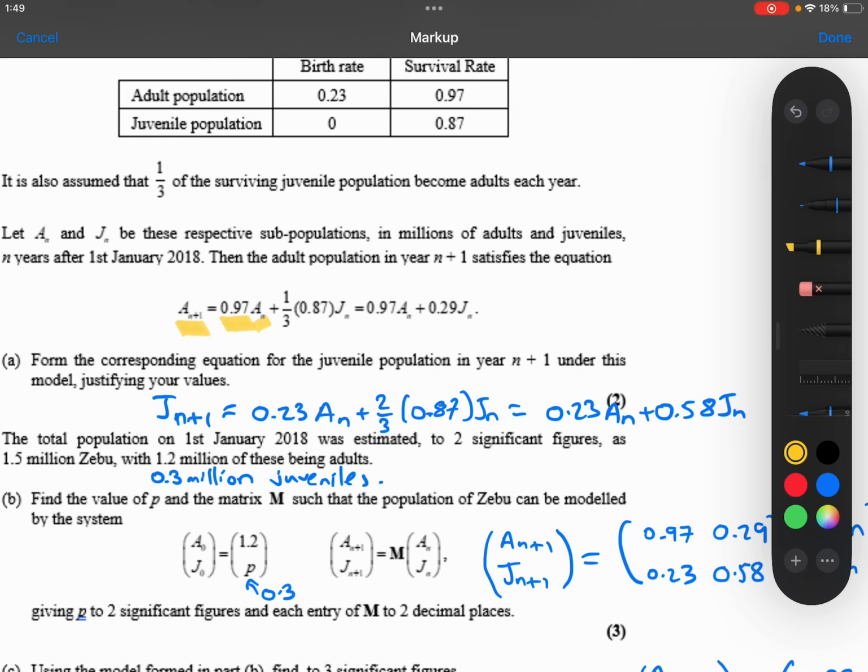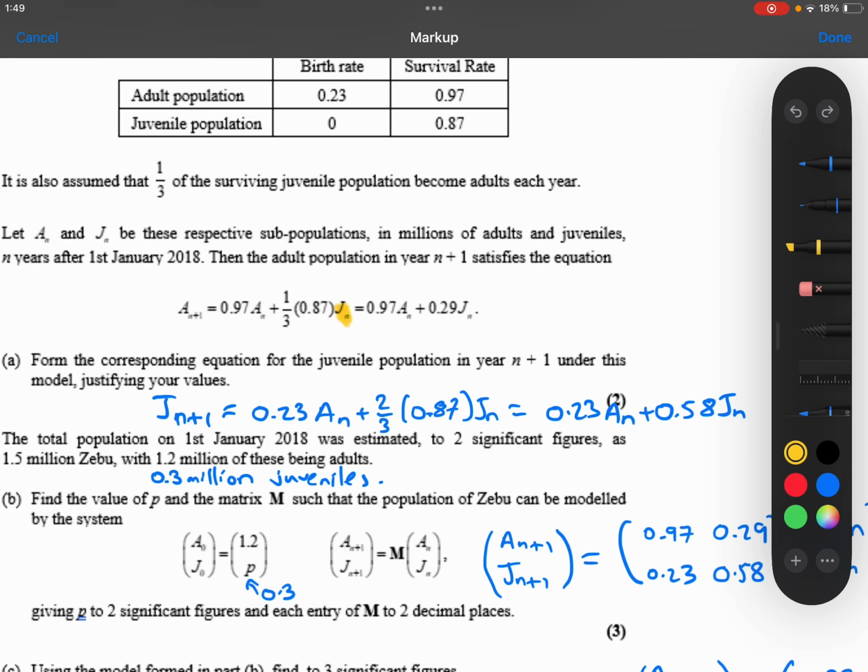That makes sense because we were told that 97% of the adults survive. So this part here is just saying that the adults the next year is equal to 97% of the adults from the previous year that survived, plus we've got 1/3 of the juveniles that survived have now become adults.